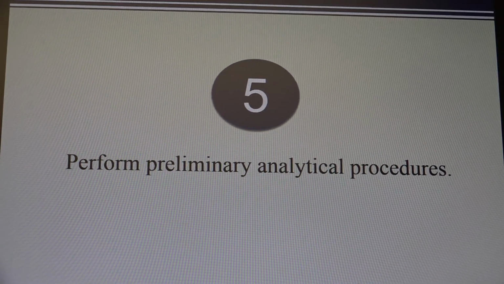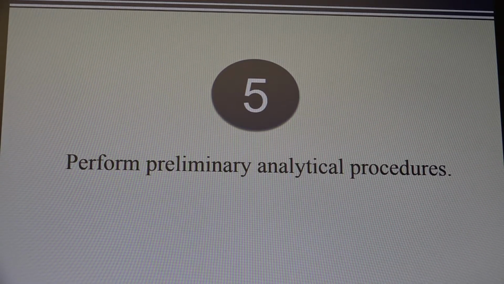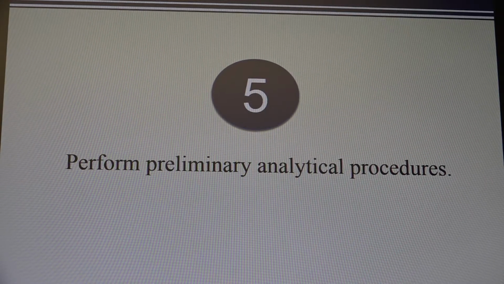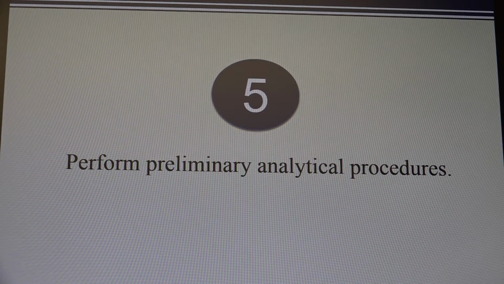All right, so again, going back to after we assess client business risk, next thing we're going to do is perform preliminary analytical procedures.